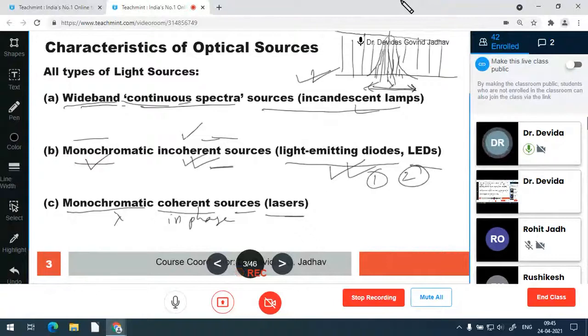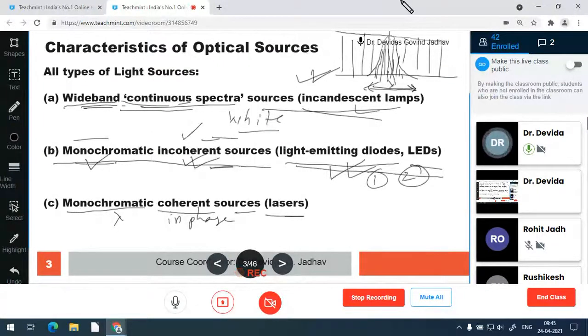All the wavelengths combined together become white light. White light contains all the spectrum. If you paint all the spectrum colors on a disc and rotate the paper disc fast, it becomes white. You might have done this experiment or the prism experiment in high school. So all the wavelengths are present, it becomes a continuous, wide band spectrum, emitted by incandescent light. Monochromatic incoherent sources are light emitting diodes.